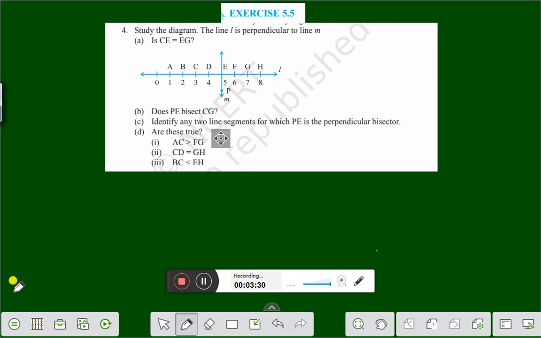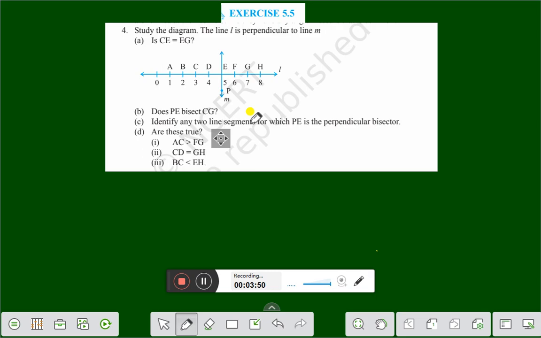Now you see CG. CG is this one. Here you see that this is C and this is G, right? And whether it bisects or not, you have to find the distance. Does this line PE bisect CG?